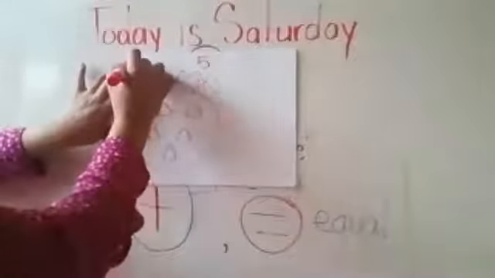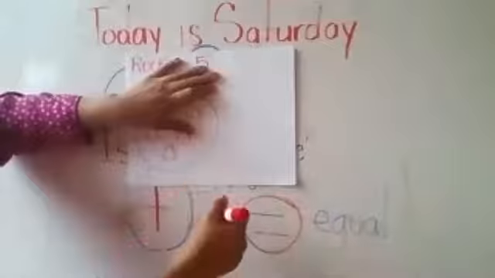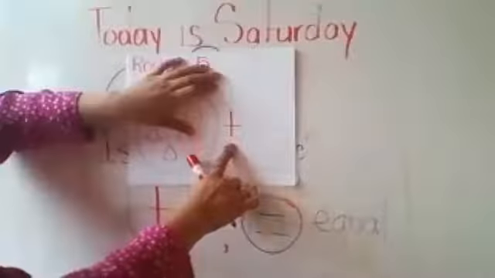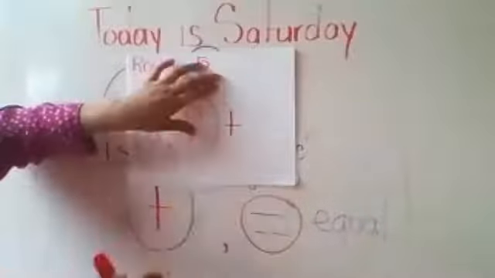5 rocks. But if I want to take more from another group, I need to put my sign, that is plus, because remember that we are working with addition, right?